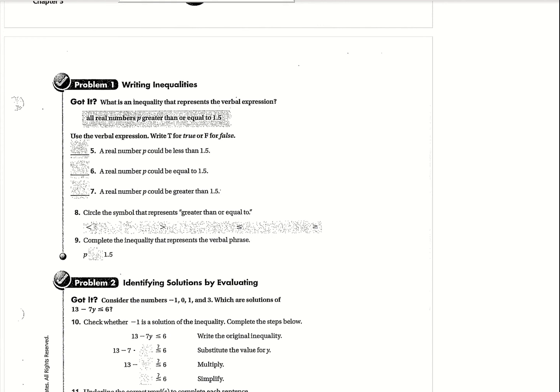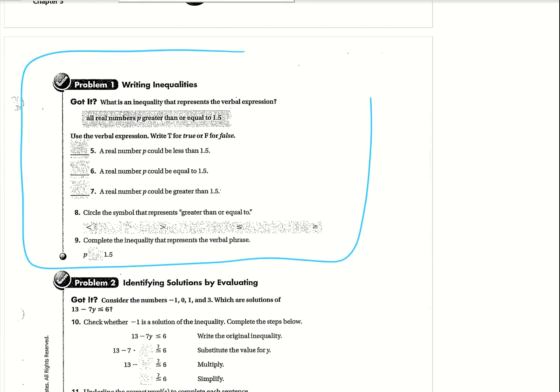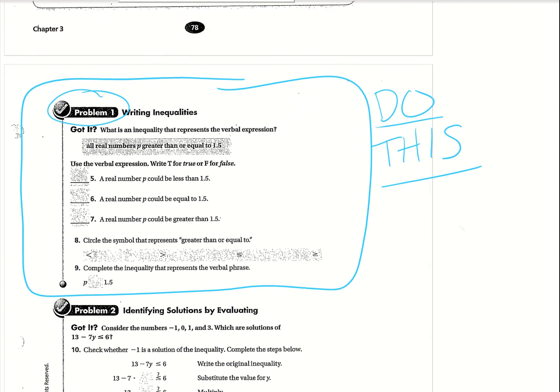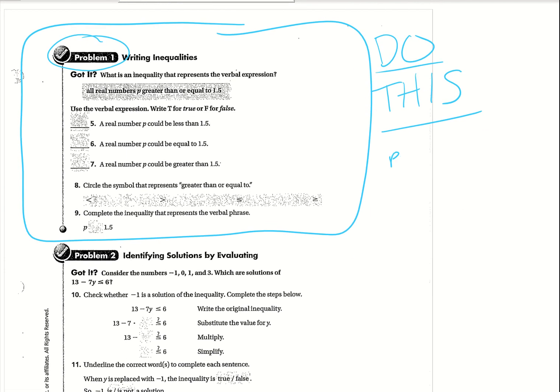Go ahead and just do problem 1 on your own. I'll make it really clear what you're supposed to do here. It says problem 1 right here, on page 79.